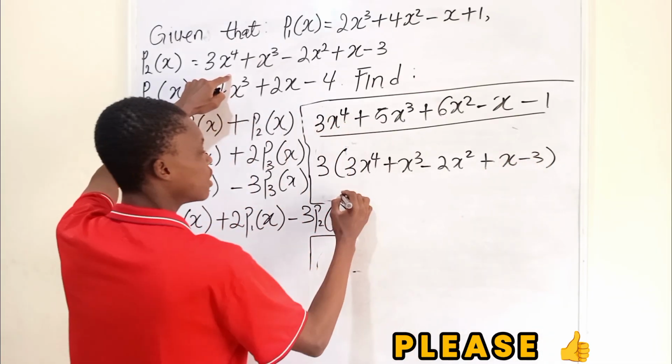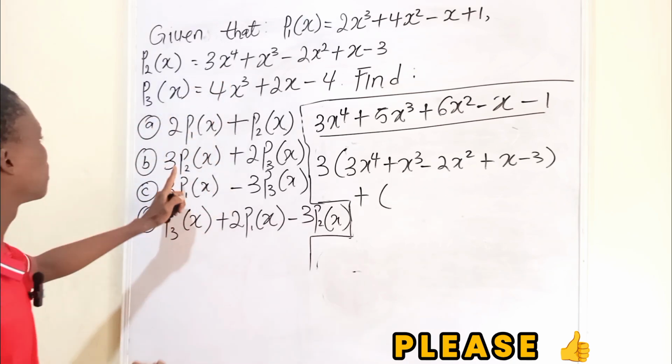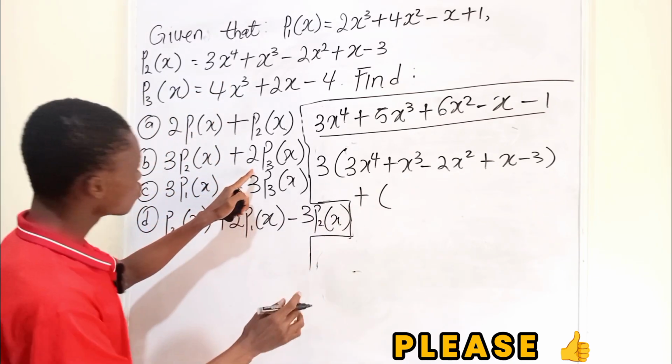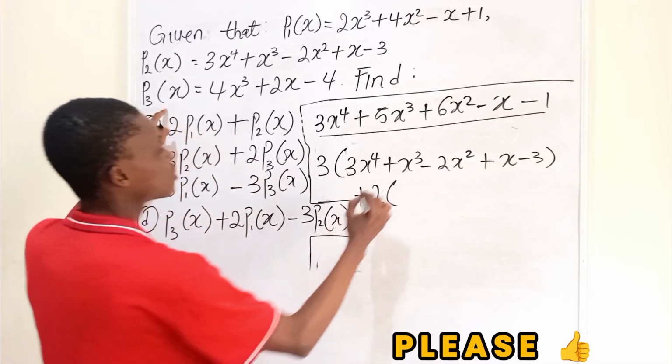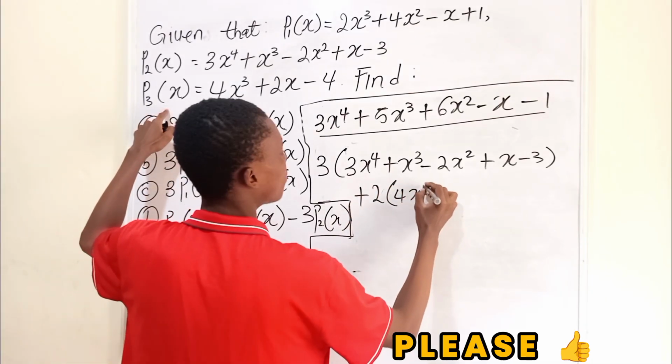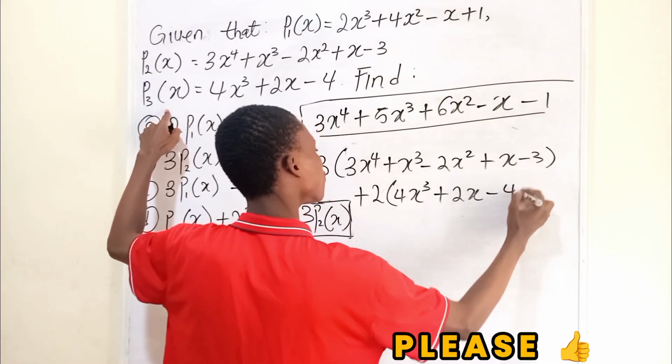Close the bracket. Put your plus sign. Open another bracket. We have 2 outside here. You put your 2 first, you open the bracket. Our p3 is 4x to the power 3 plus 2x minus 4.